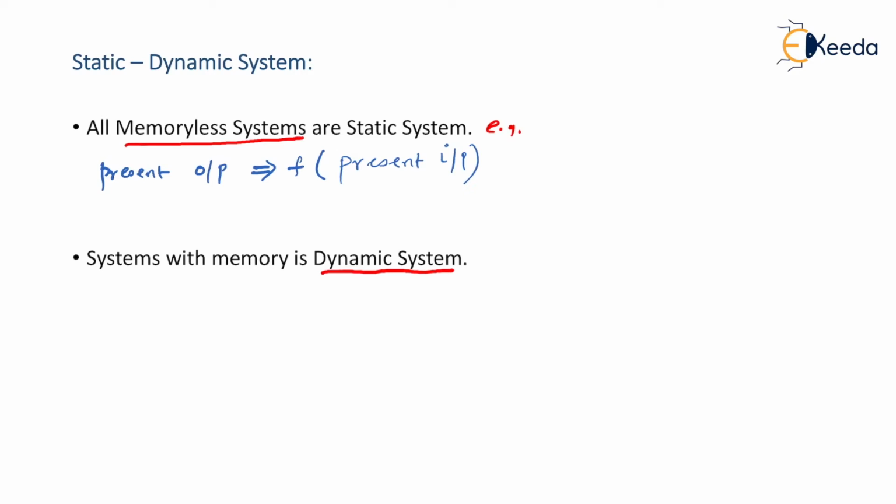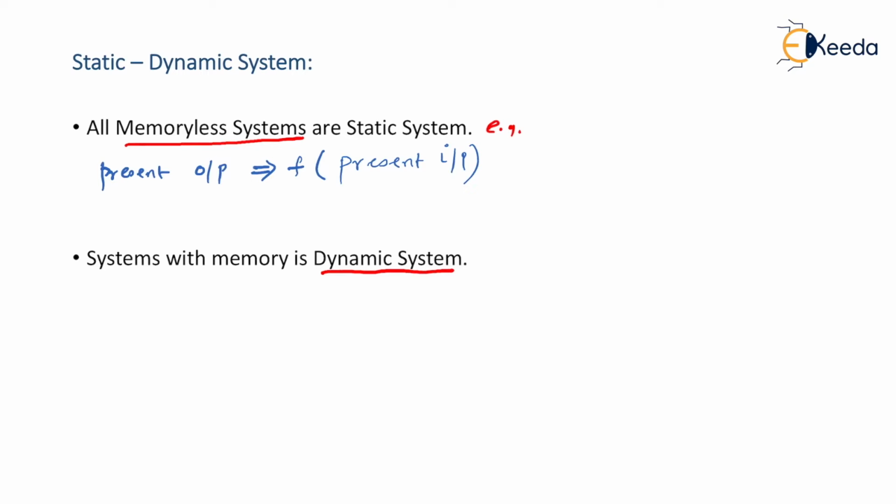This new output will not be a function of the previous input you applied, because there is no memory to store it. Since those are memoryless systems, the present output will be purely a function of what you have applied currently, called the present input. So if the present output is only a function of the present input, then it is called a memoryless system, or a static system.